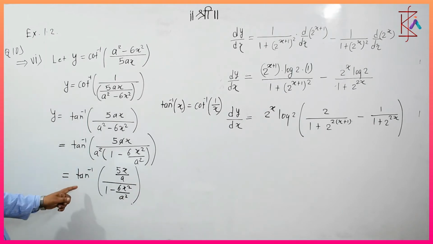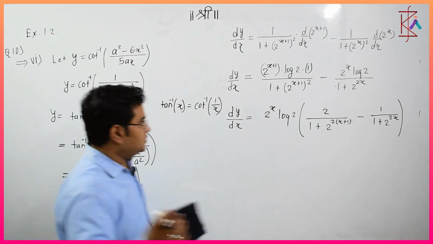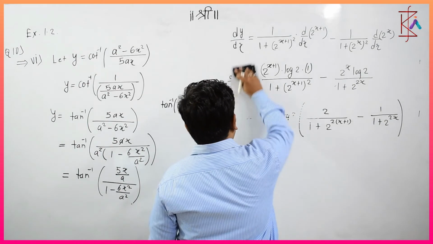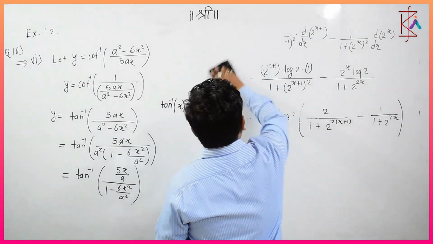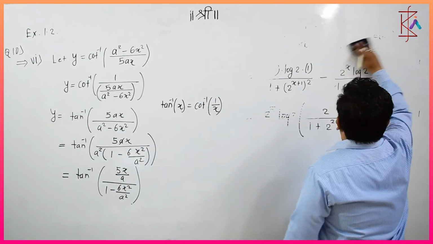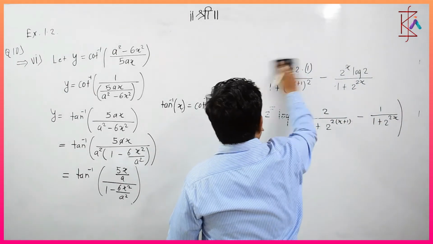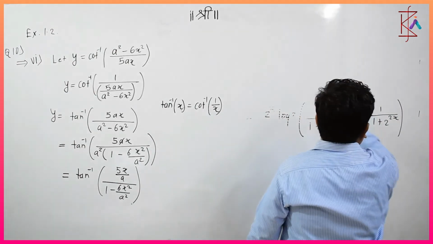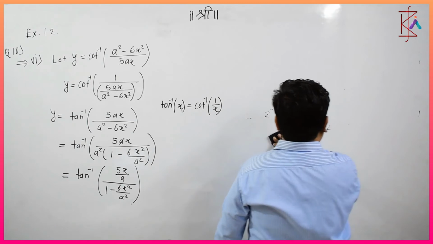Okay, so again we need to simplify this. So much simplification within the one question, so don't get confused. Okay, I am just showing you. So once you know how to simplify the quantities, definitely you can perform it very well.